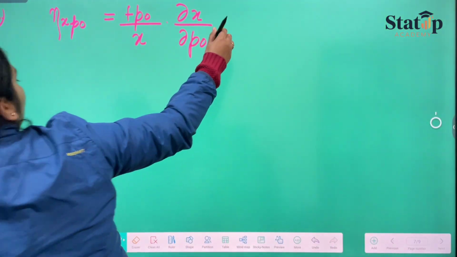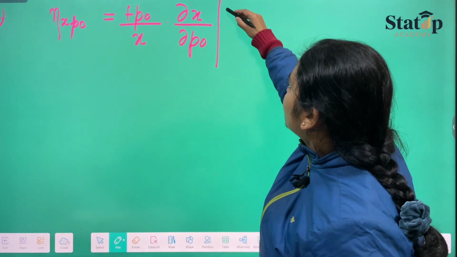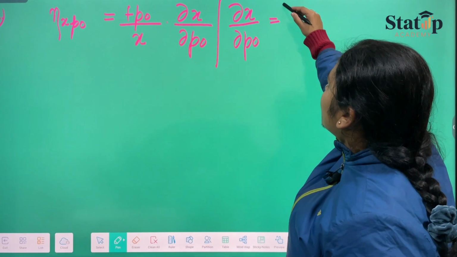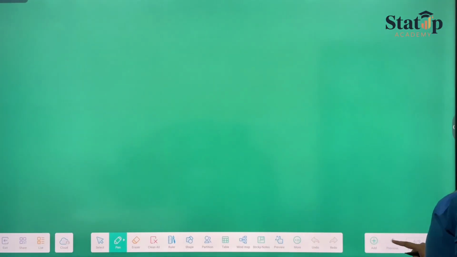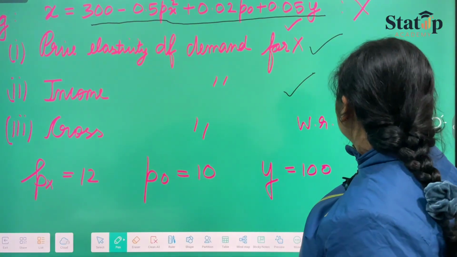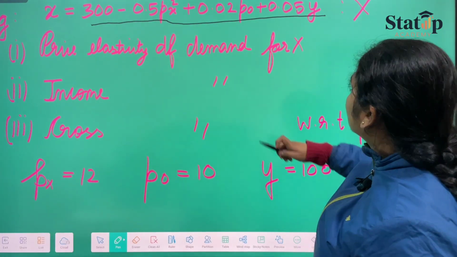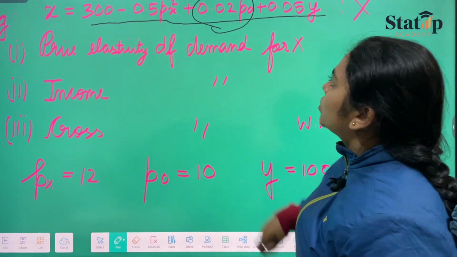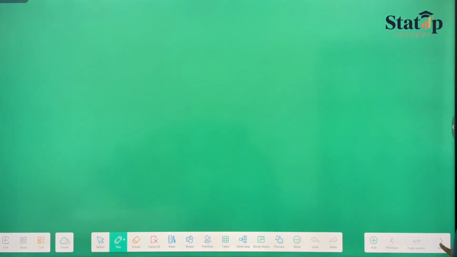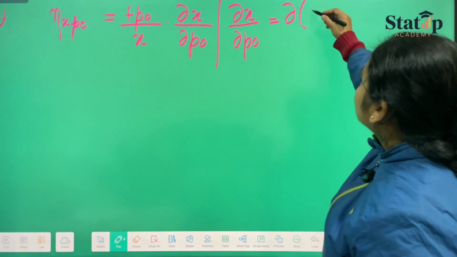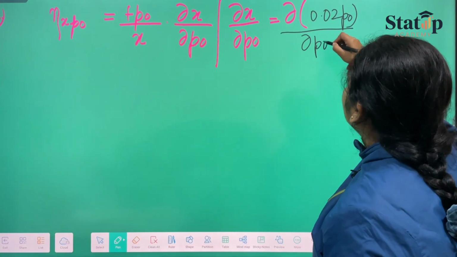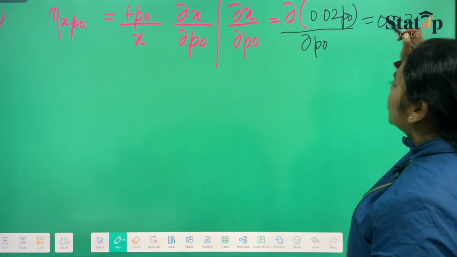Now differentiating x with respect to p naught again. If we differentiate it with respect to p naught, we differentiate the quantity which contains p naught, this quantity 0.02 p naught. Rest others are treated as constant. So differentiating 0.02 p naught with respect to p naught, we get the answer as 0.02.